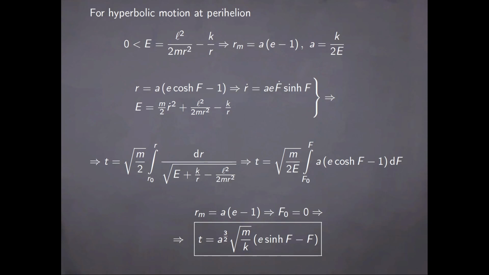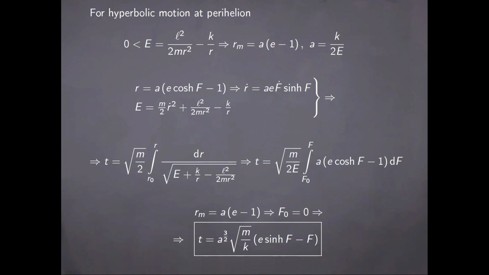Now, this integral is evaluated from perihelion to a given radius r, and to these endpoints there will correspond different values of this variable f, which are just f0 and the one here. But we can evaluate f0 knowing the value of the perihelion radius, and then calculating through this expression to what value of f0 this would correspond.